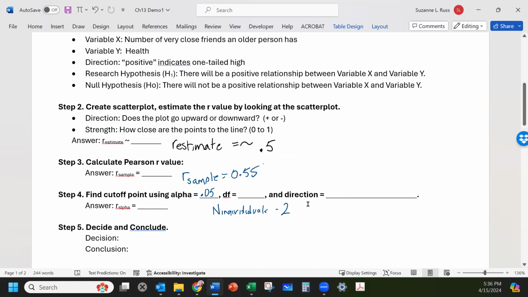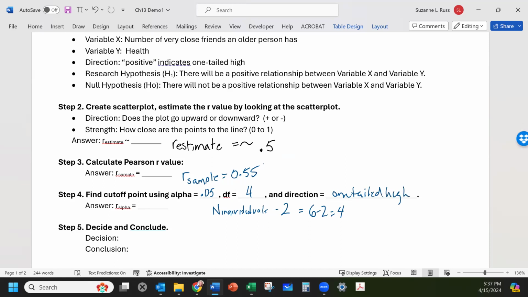We calculated 2 means, so 2 columns of data. So 6 individuals minus 2 means is 4. So that's our degrees of freedom.